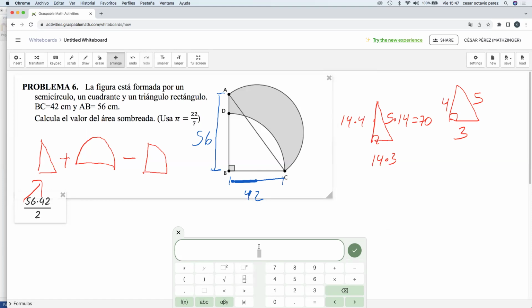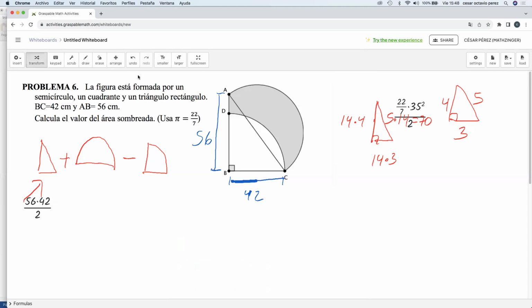Okay. 22 divided by 7 times 35 squared divided by 2. Pi por radio al cuadrado entre 2. Okay. This is the semicircle.